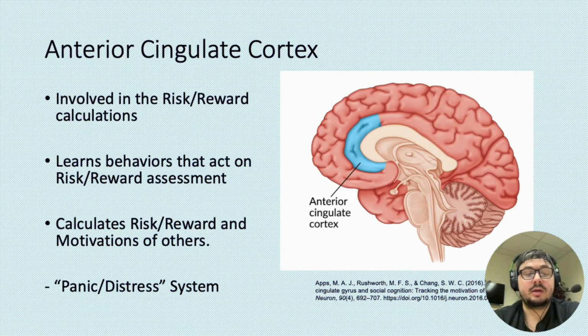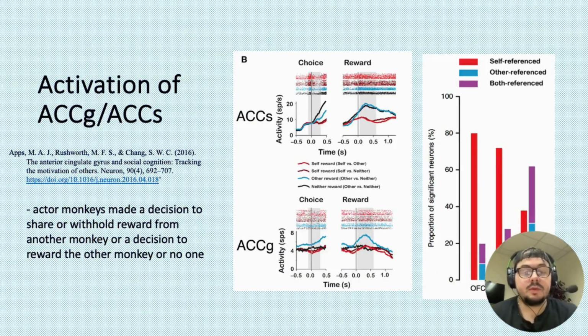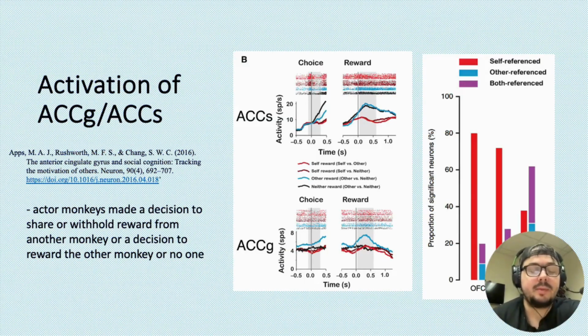This area is also where we have our panic or distress system. In this experiment, monkeys had their brains scanned for activity in the anterior cingulate cortex, concerning the anterior cingulate gyrus and the anterior cingulate sulcus.